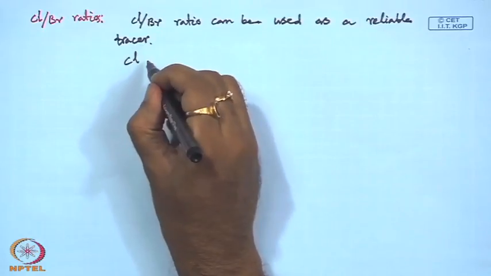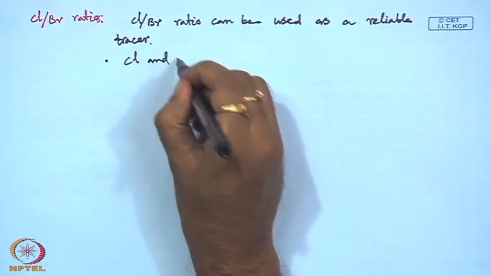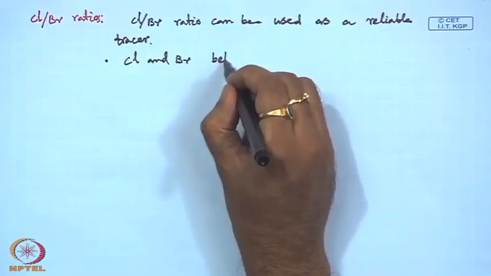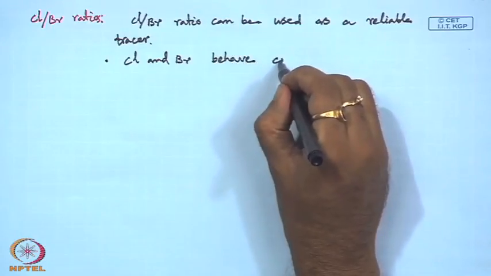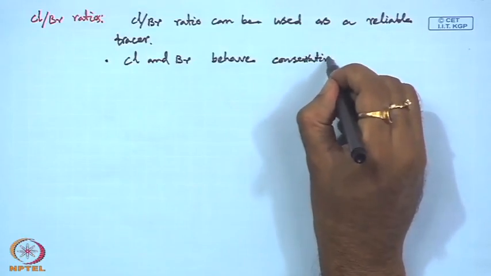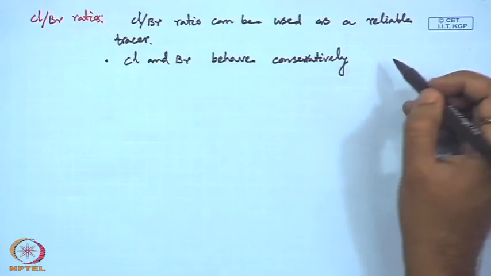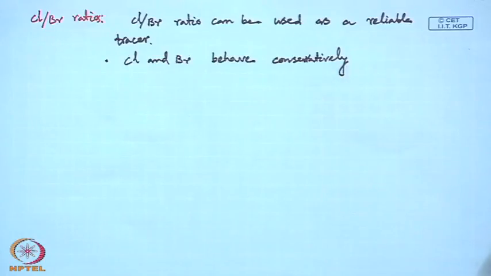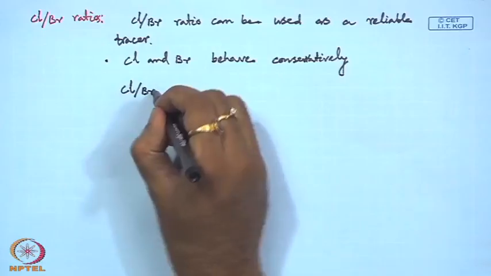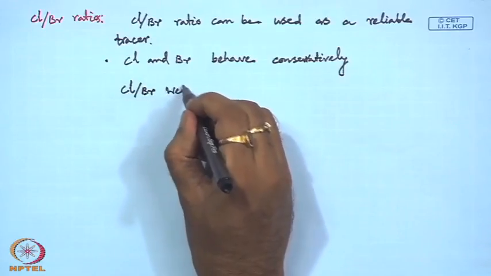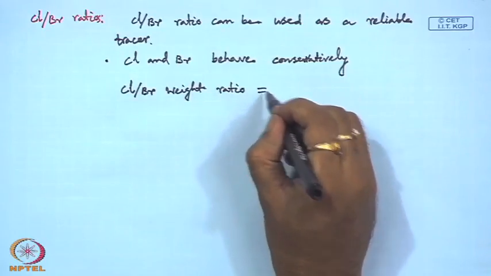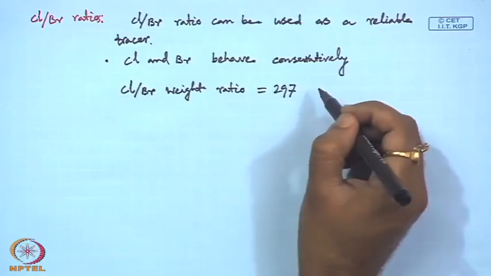In the case of seawater, this weight ratio is approximately 297.